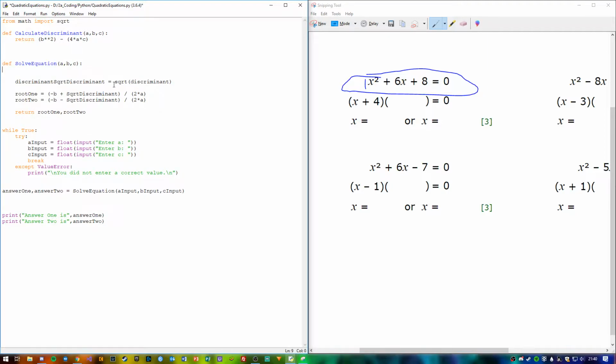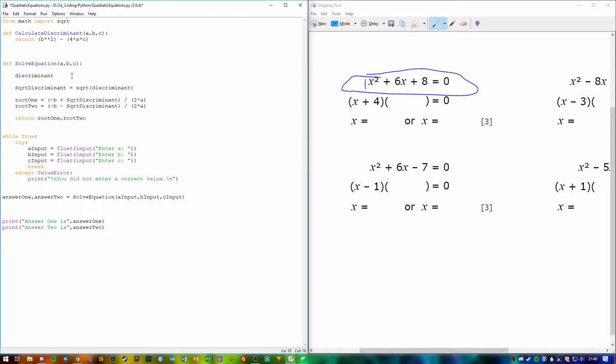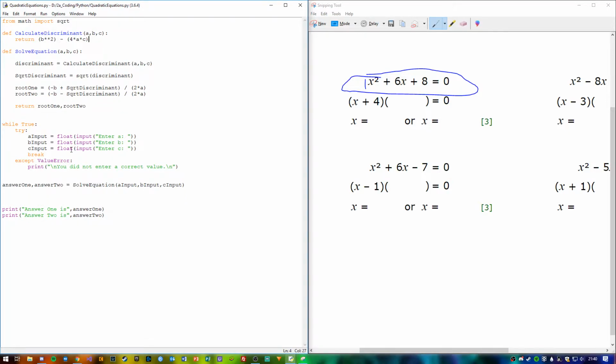And then we can get rid of this, and we'll set the discriminant to calculate discriminant a, b, c. That's just going to pass it into there, and this will return the discriminant. What we can then do is use this here: discriminant equals calculate discriminant a input, b input, c input.